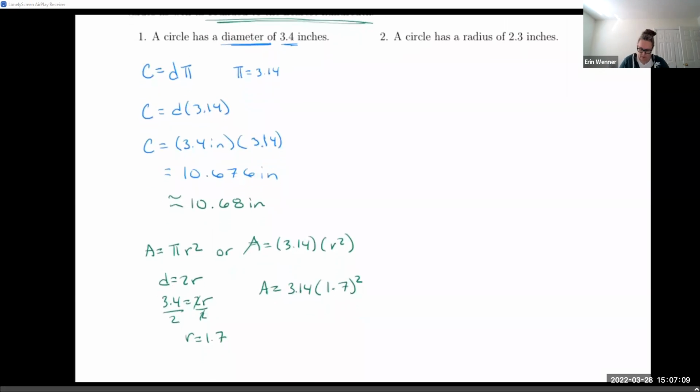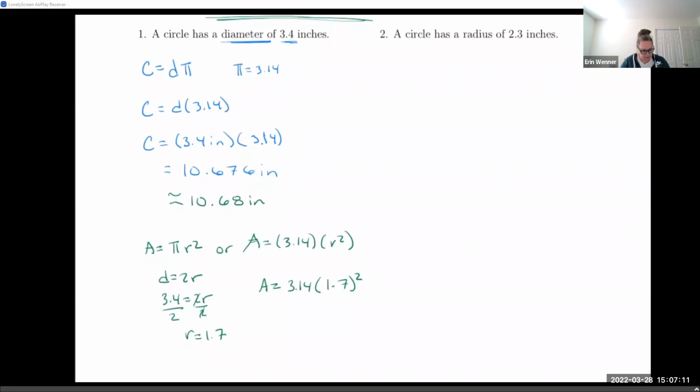Okay, so if we square 1.7, we get 2.89. So we've got 3.14 times 2.89. That 2.89, remember, is 1.7 inches times 1.7 inches.